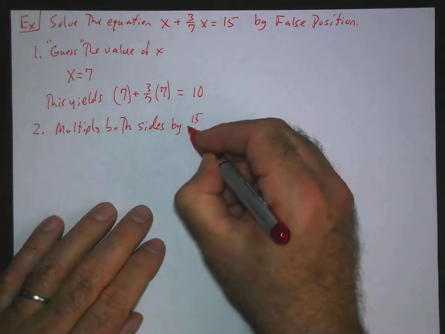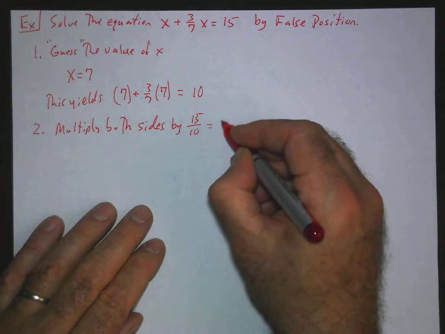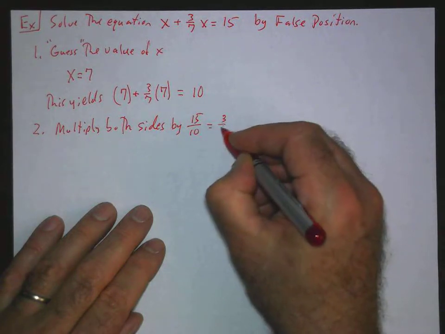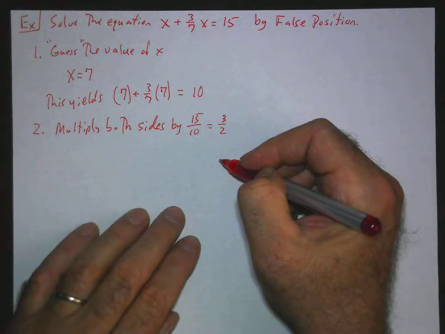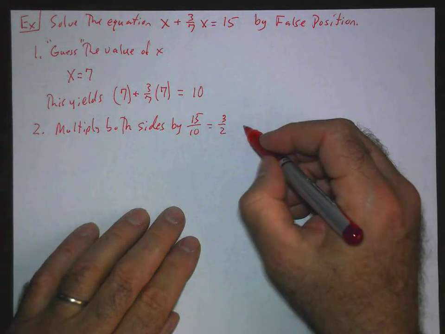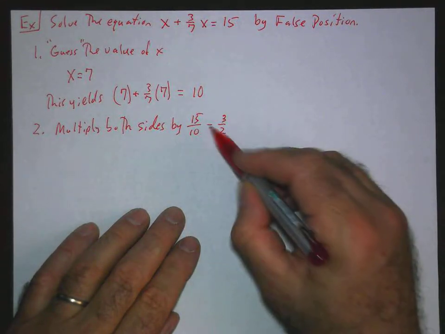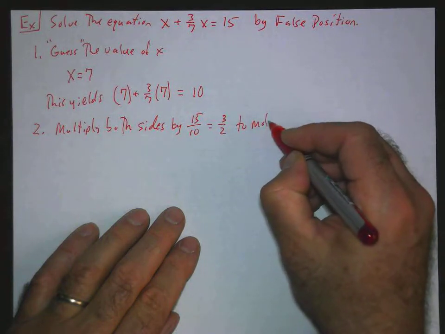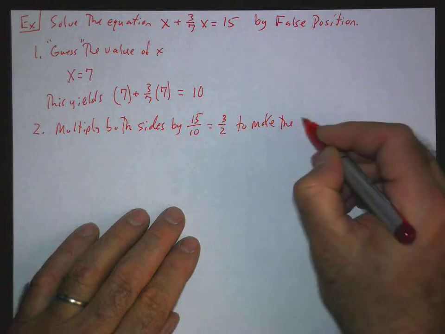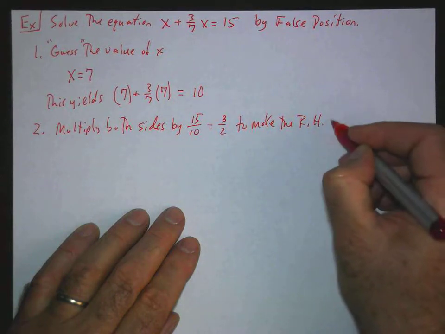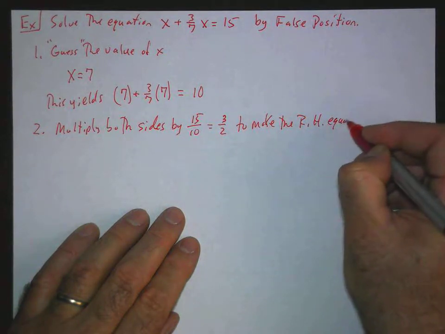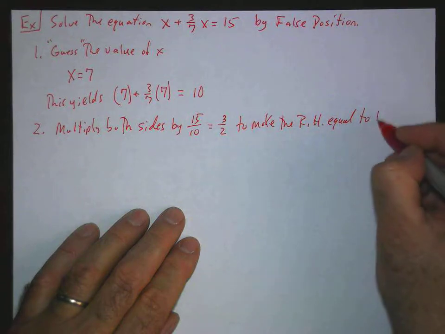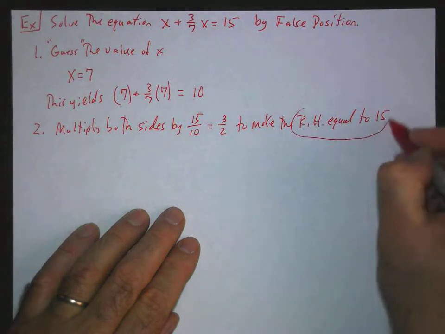So 15 over 10, or 3/2, multiply both sides by 15/10 or 3/2 to make the right-hand side equal to 15.